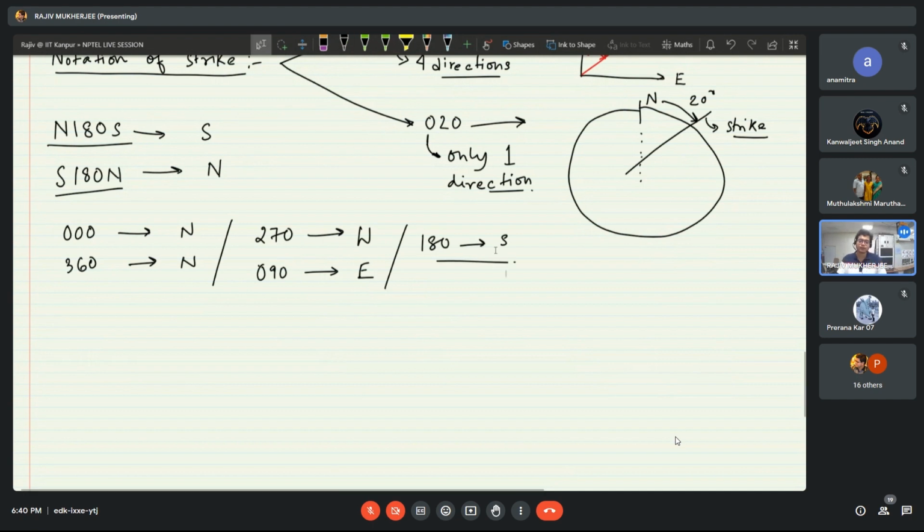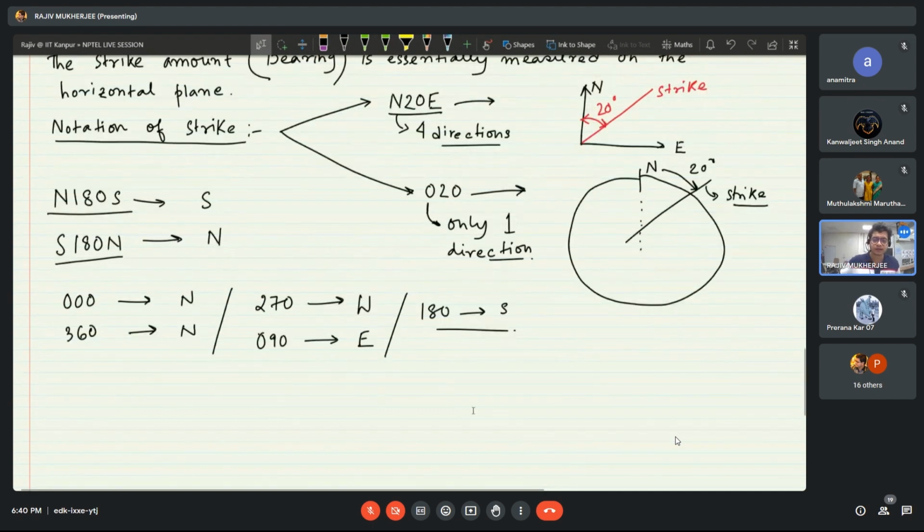So these are the two common notations that we use in the field. We generally follow the second one because it is easier to write and it takes less time, whereas the first one may take some extra time to write and for other people to understand what I am trying to say. So generally we use this second notation, right?